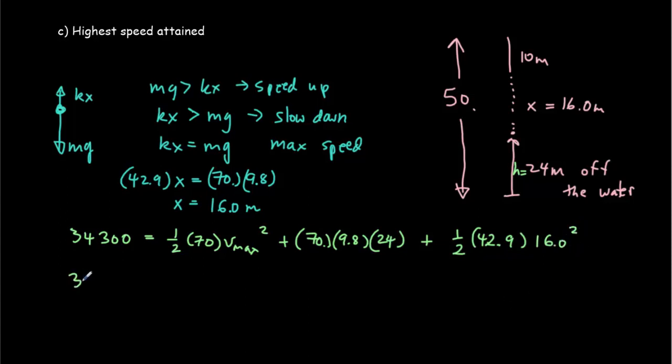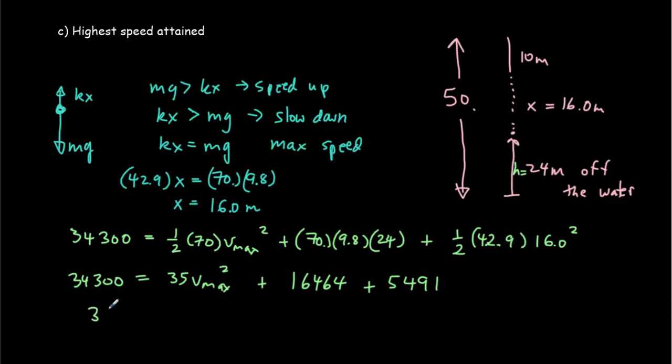So we get 34,300 equals 35 Vmax squared plus 16,464 plus 5,491.